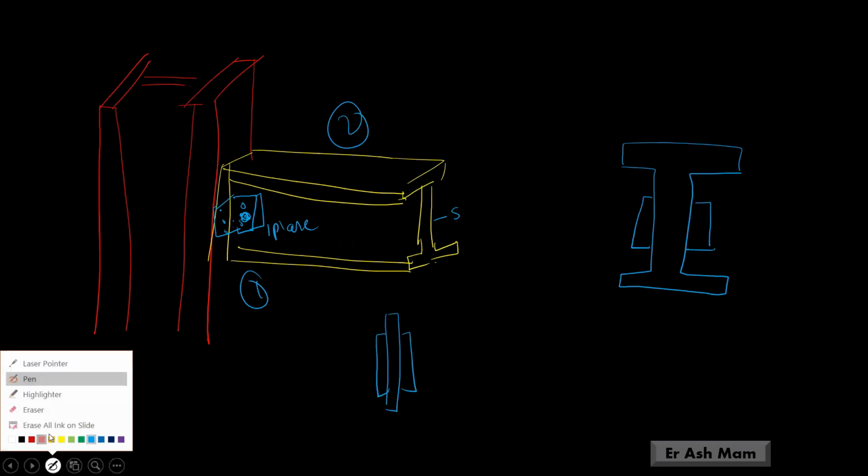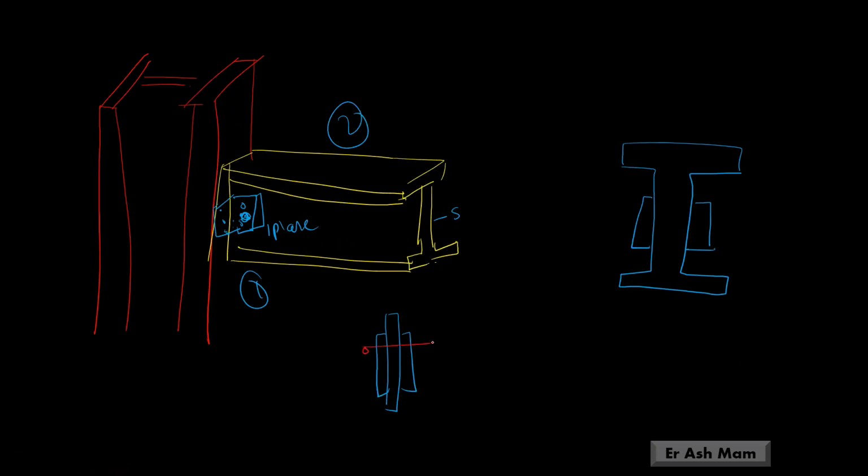If you are considering one bolt, there are chances of shear failure, or the number of cuts is 2, here and here. So the bolt can fail at 2 points. Therefore, nn equal to 2, or we can say double shear will occur.